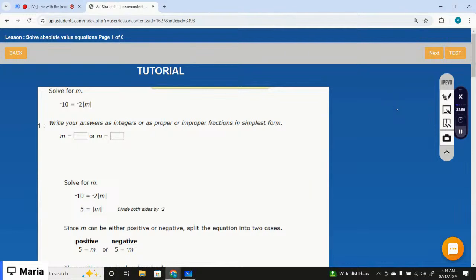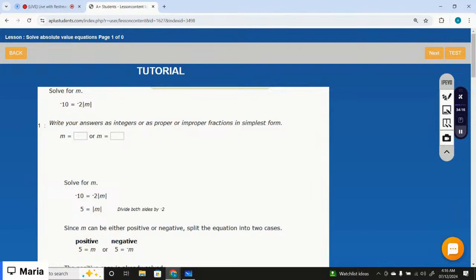Okay, solve for m. Negative 10 equals negative 2 times the absolute value of m, right? So you have to divide by negative 2, right? So negative 10 divided by negative 2 is 5. You are left with 5 equals the absolute value of m, right?